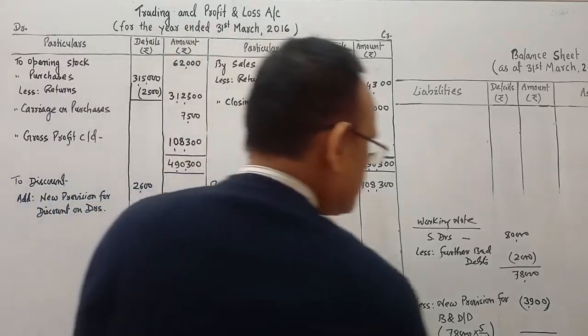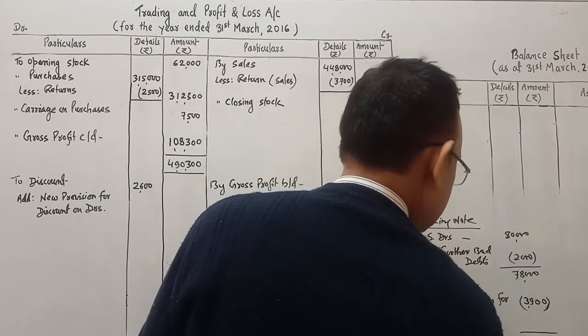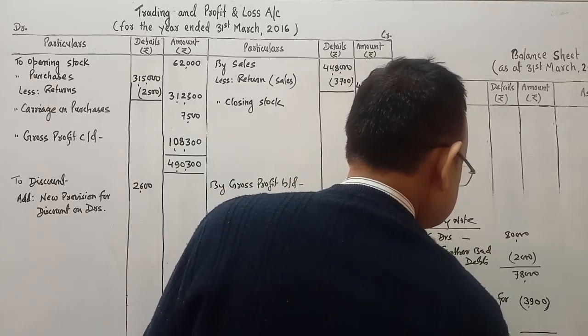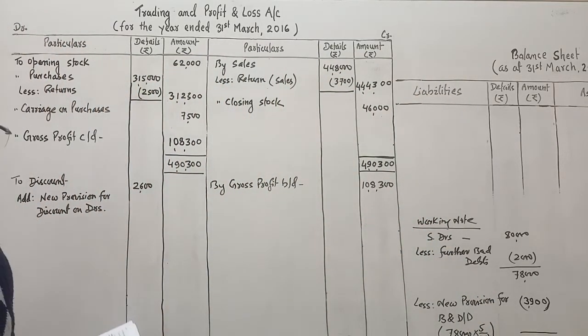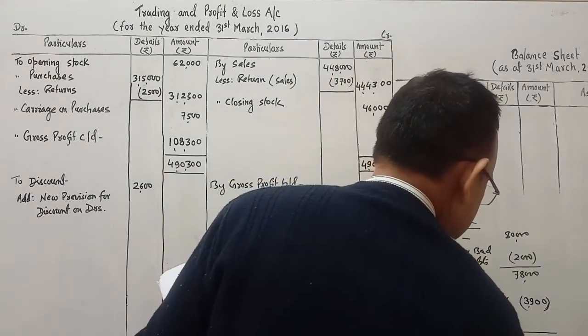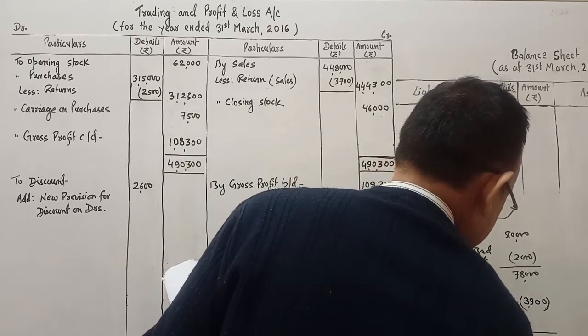So we will calculate 2% on 74,100. Okay. So it is 1,482. Is it clear? So deduct this amount, 1,482.